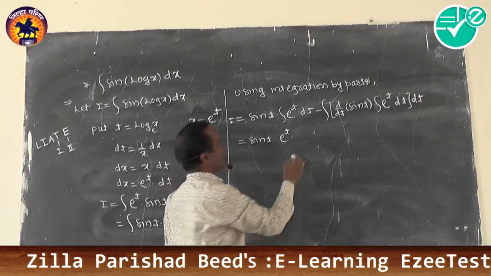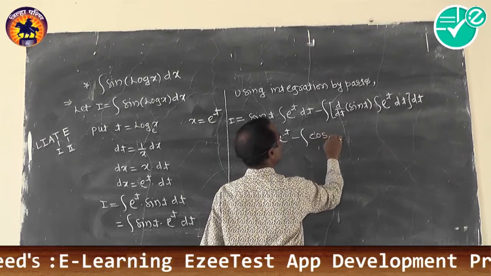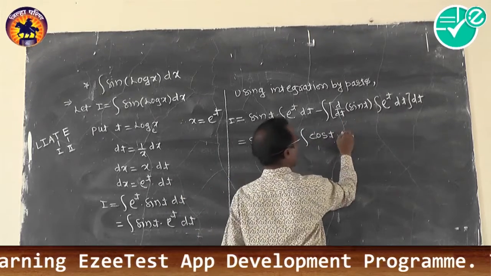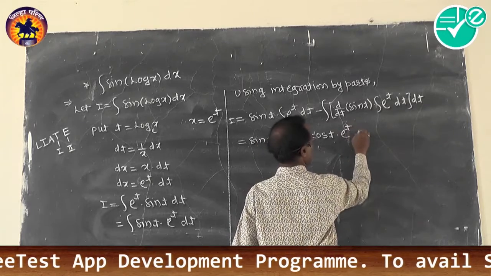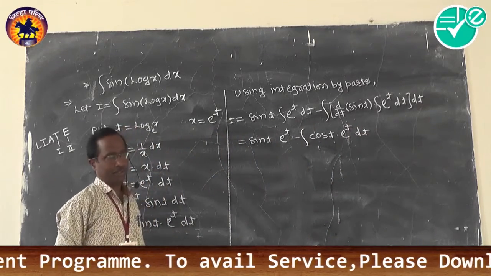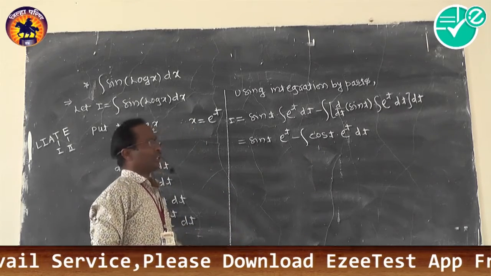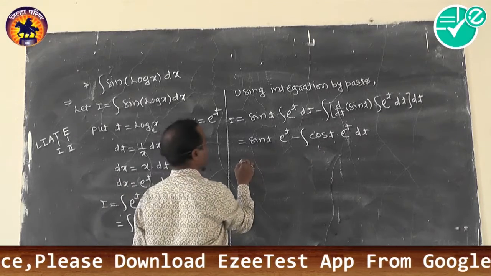t minus derivative of sin t is cos t into integration of e raised to t is e raised to t with respect to t. Again the product of two functions means again we use the integration by parts.